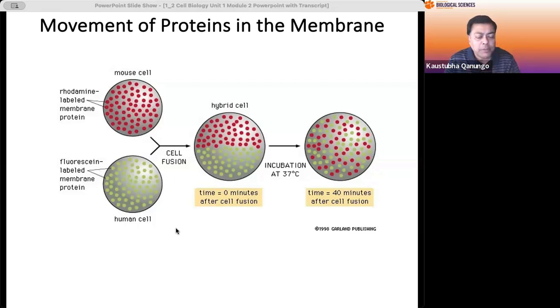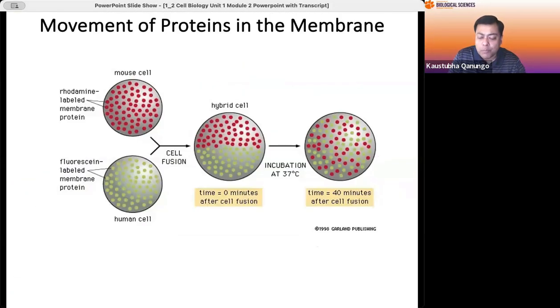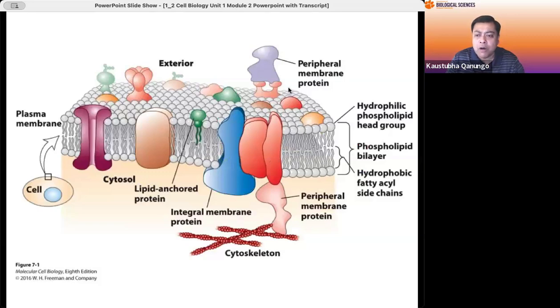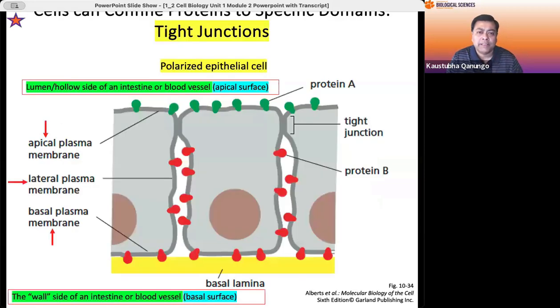So two different proteins are tagged in here, and you fuse the cells. After you incubate the cells, you see that the proteins actually move in the plasma membrane, and you can actually measure that. So that's basically what you can do. So proteins in this sea of the lipid, they are basically floating and moving around. They are very dynamic. That's basically what it is.